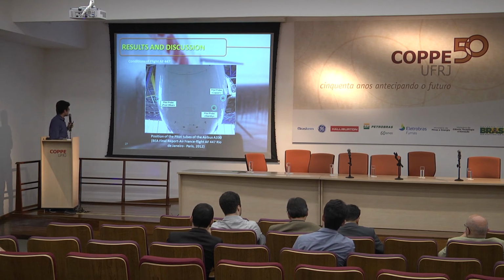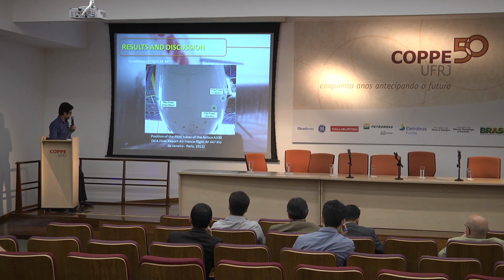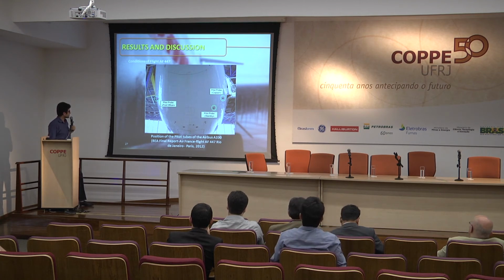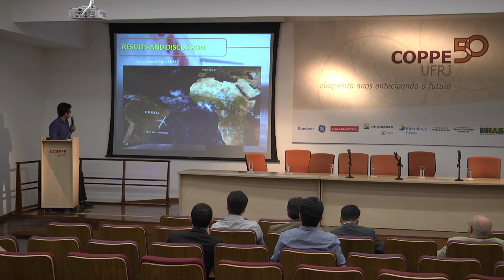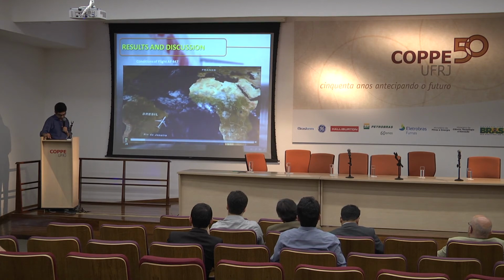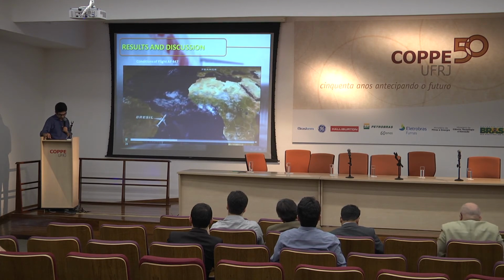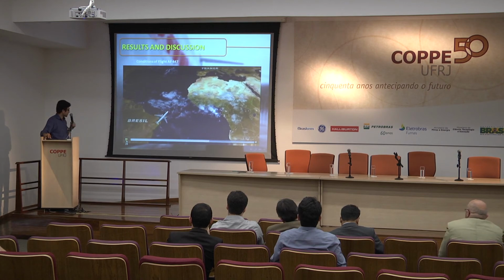And the second condition of our presentation is about the flight AF 447 from Rio to Paris. In this picture, we can see the position of the P2 tube on the Airbus. And this is a movie trying to simulate what happened to this aircraft when it arrived in the cloud with droplets.